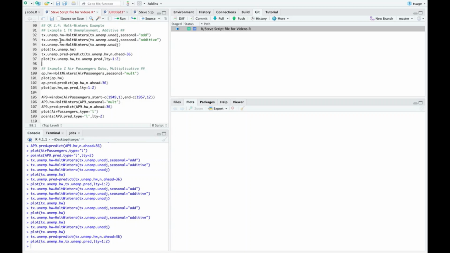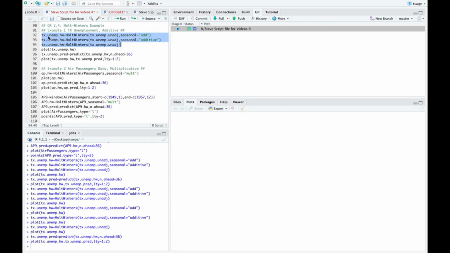These first three lines are all equivalent. I was just curious myself about the default here and wondering if it cared if we said seasonal equals add versus additive, or just nothing at all. And they're all the same, but let me go over the syntax in detail because it's the Holt-Winters syntax, which we've never talked about before.